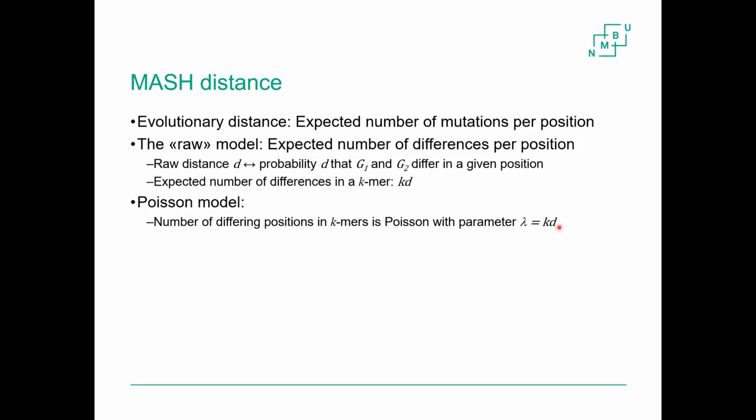And why is this not a binomial? Well, actually it is. This is actually a binomial variable. This is coin flipping. You flip the coin k times, and each time you flip the coin, the probability of head is d, the probability of difference. How many differences will you see after flipping the coin k times? But if you go back to module 3, we also talked about this relation between binomial variables and Poisson variables.